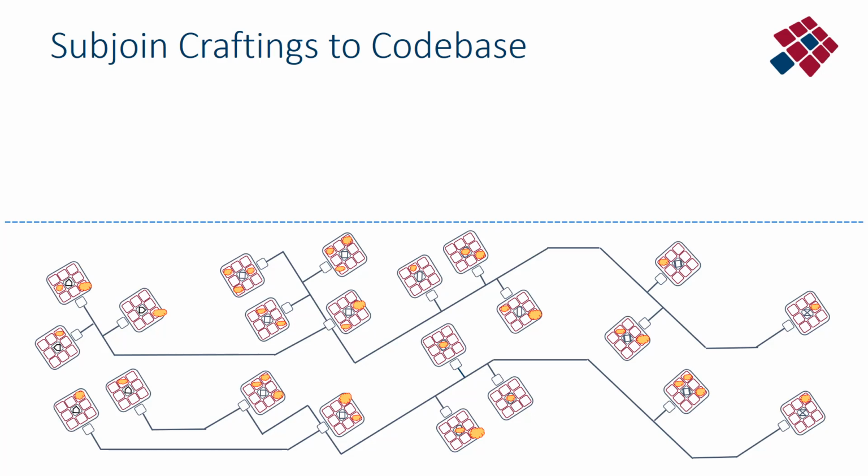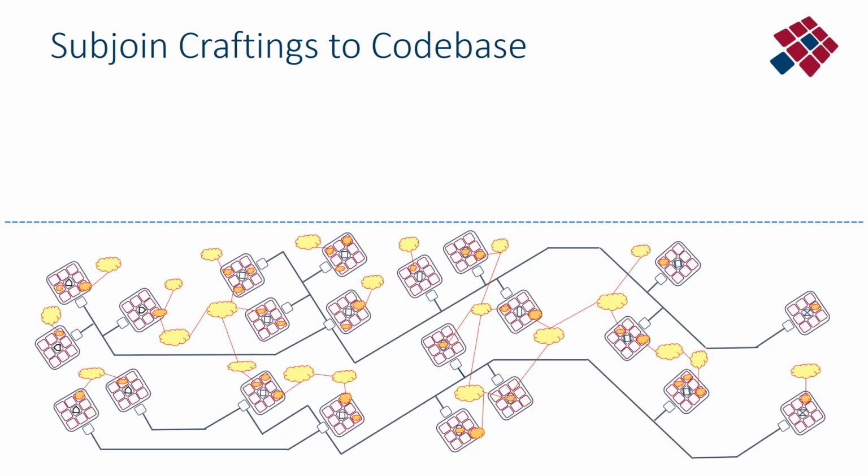And this custom code of craftings would consist of both injections within anchors of generated classes, and they would also consist of extensions, separate custom classes. And of course, these extensions or separate custom classes would often be invoked from within injections.